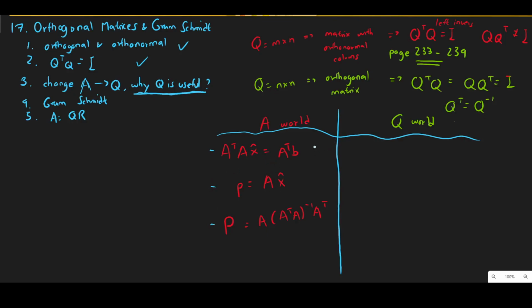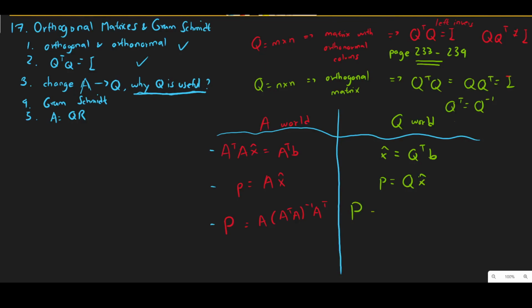Let's convert the A into Q and see what we get. We have Q transpose Q x hat equals Q transpose B. So what that leaves us is just the identity times x hat, which is x hat equals Q transpose B. And this simply translates to the projection equal to Q x hat.